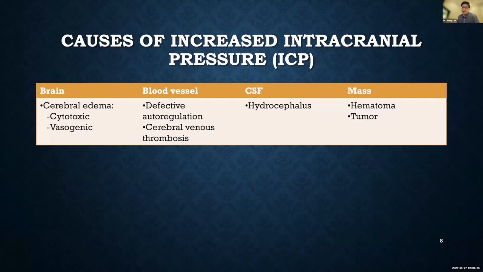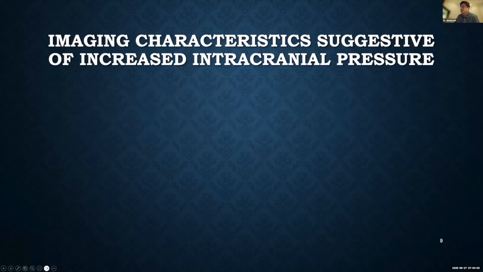In terms of causes of increased ICP, you can broadly think of brain, blood vessel, CSF, and mass. In the brain itself, you have cytotoxic edema from stroke, vasogenic edema. For blood vessels, defective autoregulation, venous sinus thrombosis, for example. Hydrocephalus from CSF. You can have a hematoma in the brain, or a tumor in the brain. So, very basic principles.